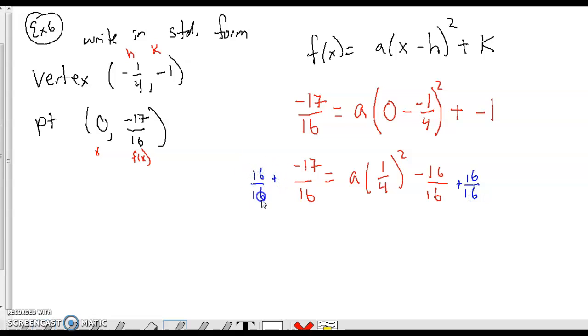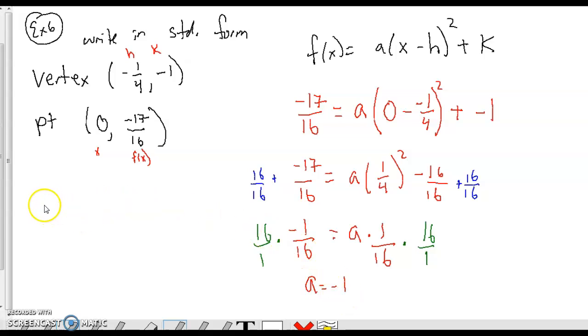16/16 to both sides. So I will get -1/16 is equal to a times 1/16. So how do I get 1/16 a to equal that? Well, easy peasy. I'm going to multiply by the reciprocal. Or you probably already noticed the answer should be -1 because the 16s are going to cancel out. So a is equal to -1.